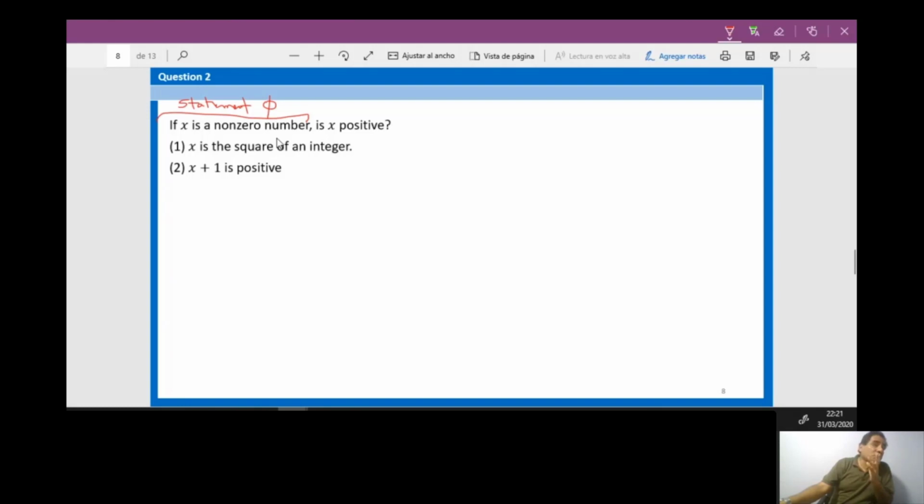Obviously, the expression non-zero just means that x is a number different from 0, right? Okay, that's a non-zero number, just in case.